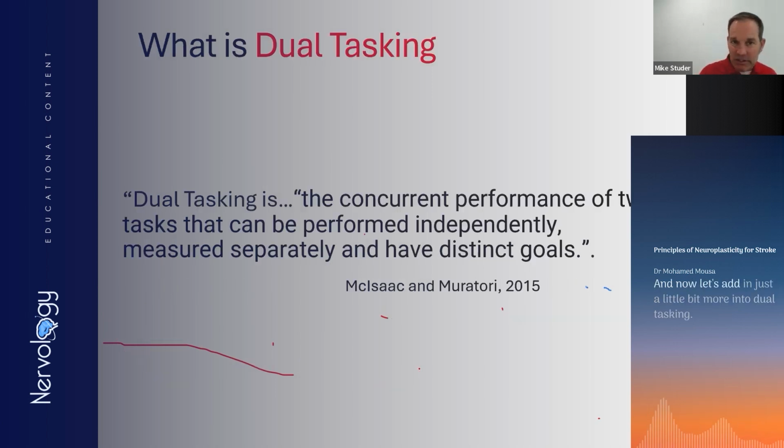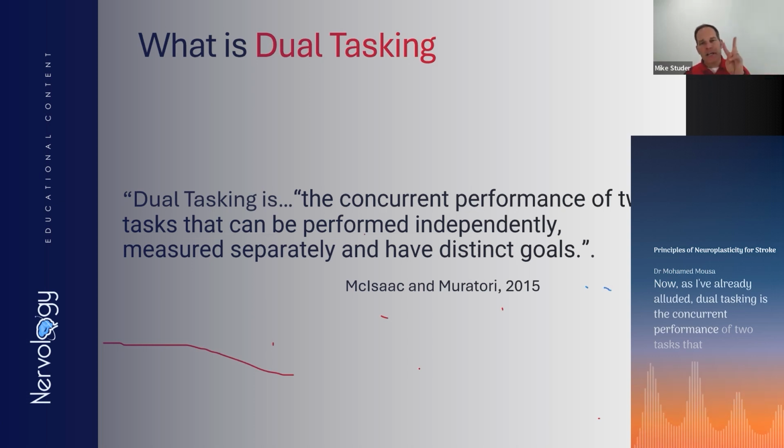And now let's add in just a little bit more into dual tasking now. As I've already alluded, dual tasking is the concurrent performance of two tasks that can be performed separately and actually measured separately.